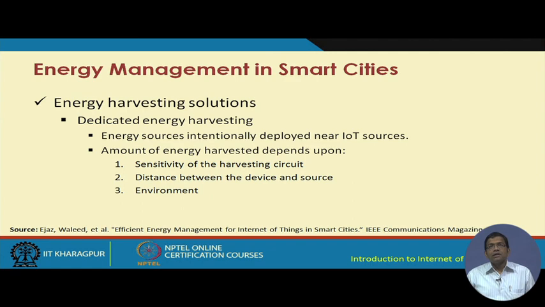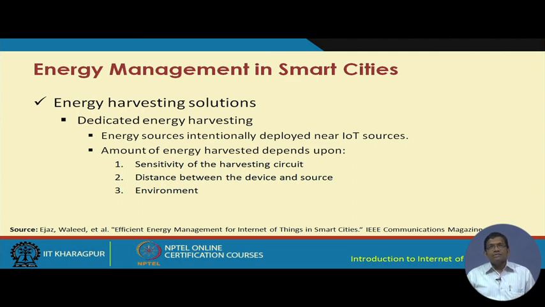Pre-deployed energy sources are intentionally deployed near the IoT sources to power these IoT devices. So, for example, in our agricultural field, very close to the sensor node, we have solar panels, and these solar panels power the sensor nodes that we have deployed in our agricultural field, and these sensor nodes were developed in the Swan lab of our institute.